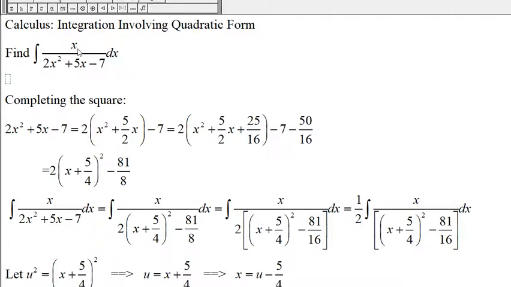Here we have the integral of x divided by 2x squared plus 5x minus 7. So first, let's do completing the square.